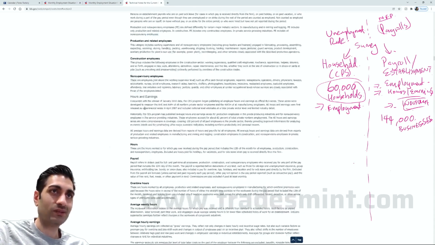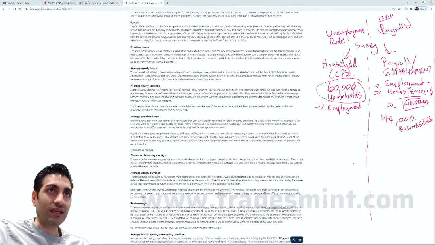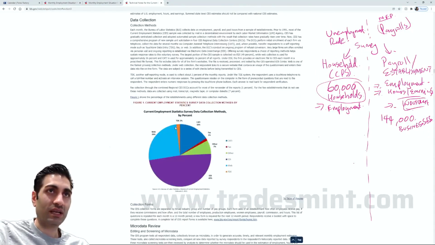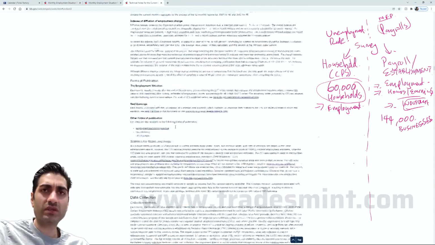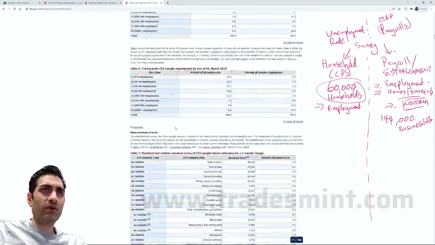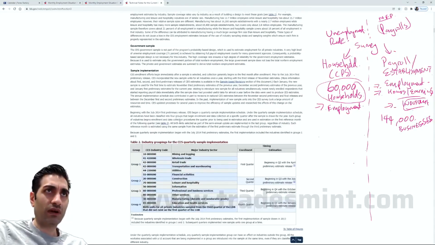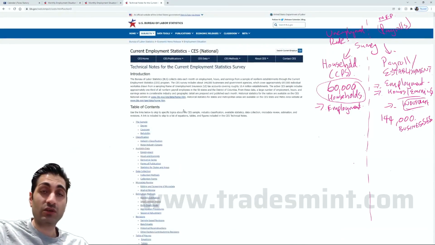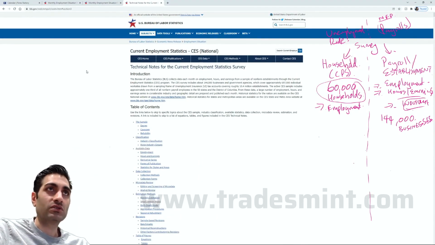Construction employees, how they collect the data and all sorts of stuff, what they're asking them, how they do it, and collection methods, and have a read of it. Okay, well, I've read this many years ago, but very, very important, have a read through it, sample implementation and all that kind of stuff. This stuff I'm definitely not going to go through with you because I'll just be reading off here. You can do it yourself. I just wanted to highlight to you the main thing, which is here.